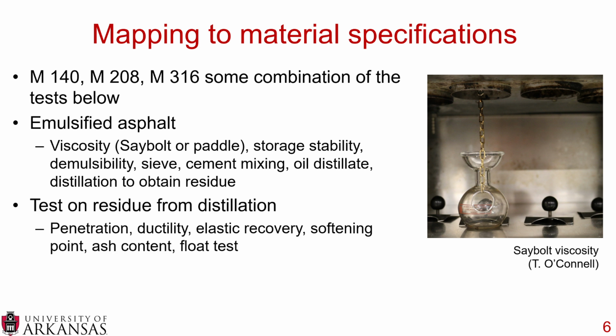Now for the tests on the residue from distillation, M140, M208, and M316 have some sort of variation of penetration, ductility, elastic recovery, softening point, ash content, and float test. So if you go to M140, M208, and M316, and you look at all the different asphalt emulsion grades that are listed in those standards, you will see the requirements for each one of these tests, and the majority of these tests can be found in AASHTO T59.